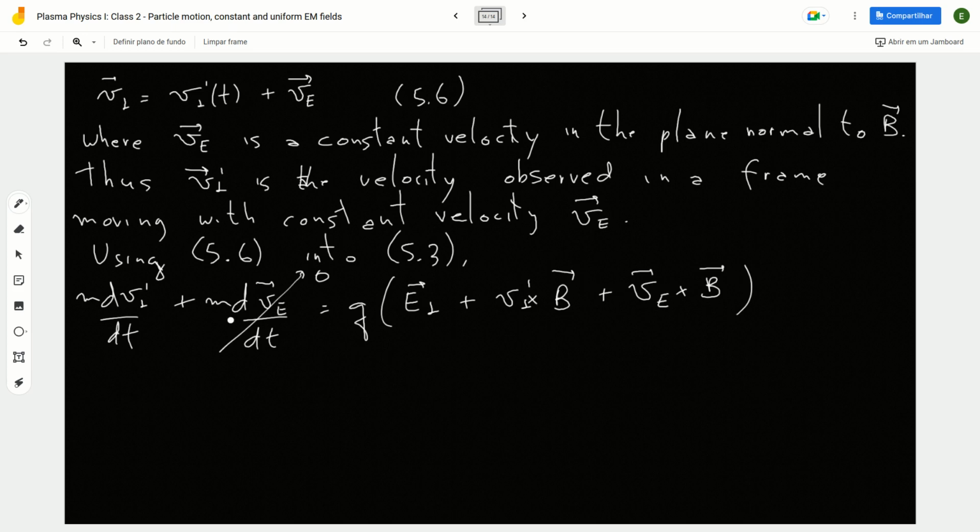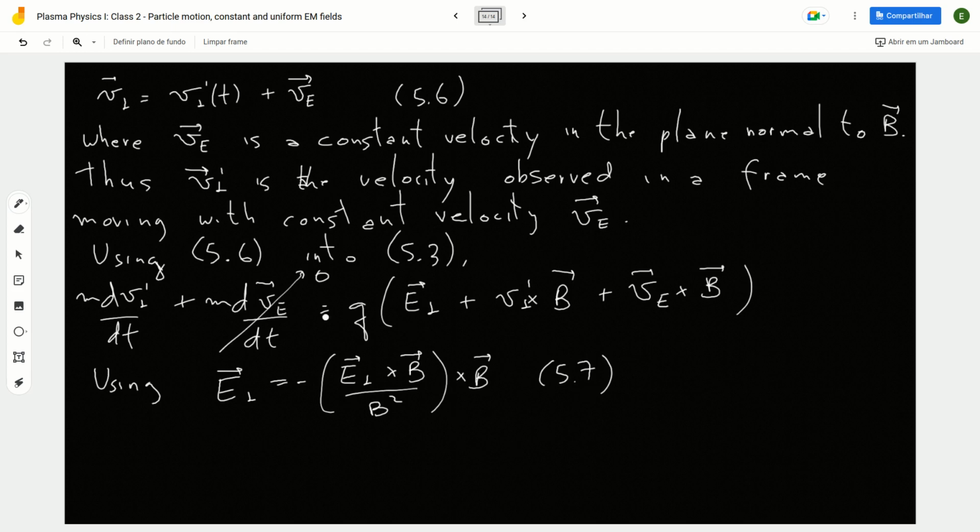Now let's write it this way, using E perp equal to minus E perp cross B over B squared cross B. Now what is that? Why am I writing E like this, and how can I see it like this?